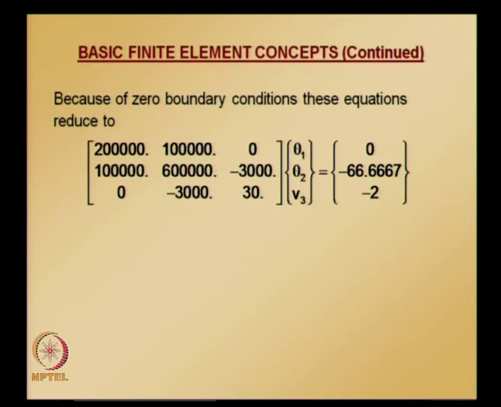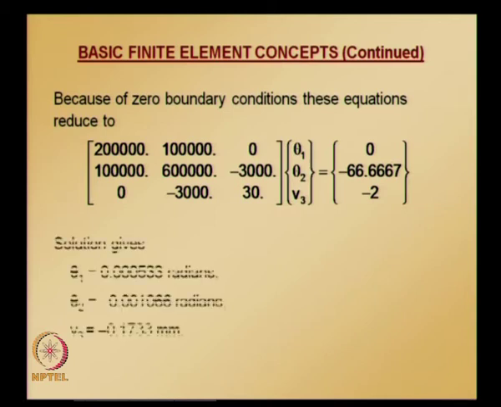This is the reduced equation system, and solving this, please note that rotations will be in radians and transverse displacement will be in millimeters. So, we got all the nodal values: V1 is 0, theta 1 we just calculated, V2 is 0, theta 2 is calculated, V3 is calculated, whereas theta 3 is 0.